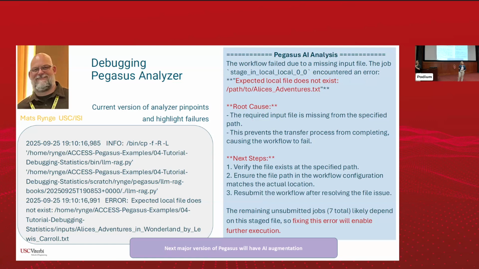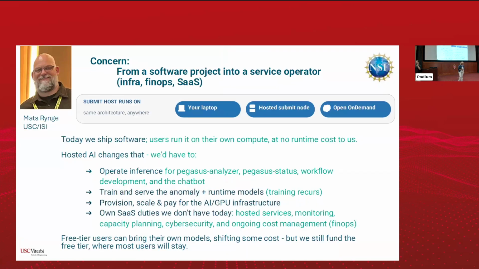So in the next major release of Pegasus, we're not replacing the original debugger, the Pegasus analyzer. We're still providing that, I think mostly because Mats doesn't trust AI. But we're also providing the AI analysis of that error to hopefully help the user.